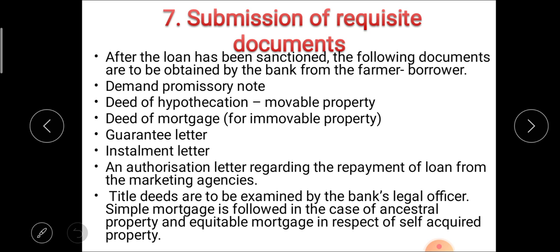Simple mortgage is followed in case of ancestral properties, and equitable mortgage in respect of self-acquired property. So these different documents need to be submitted by the farmer borrower at this stage.